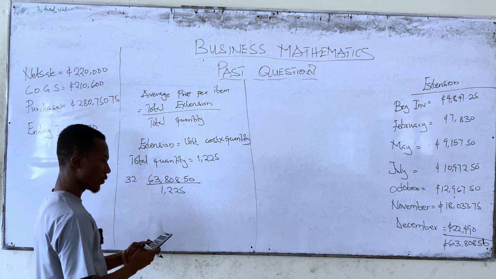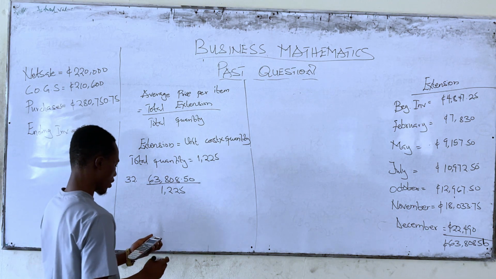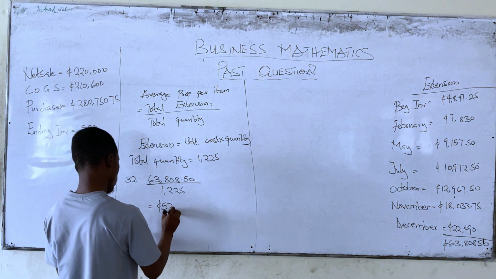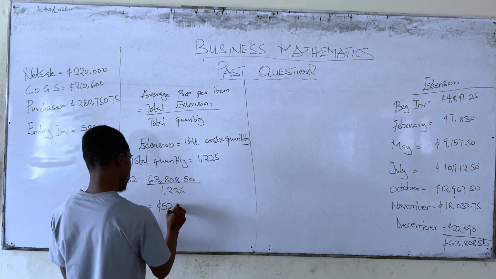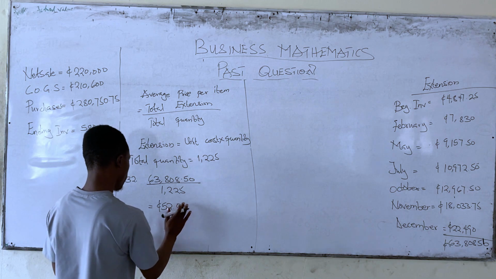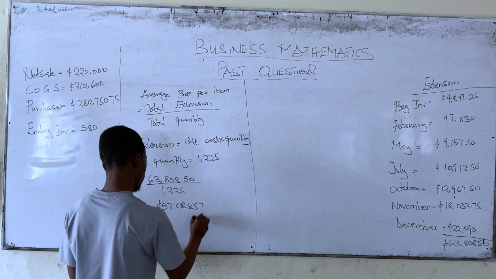At the end of the day you are going to get 52.08857.